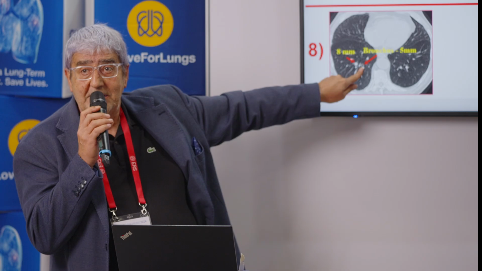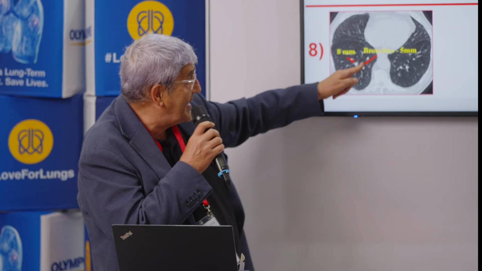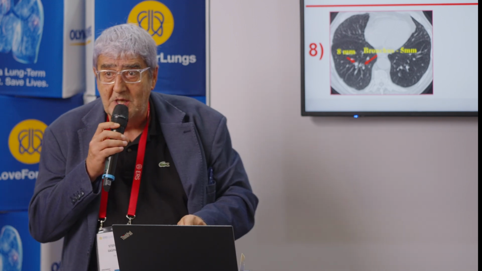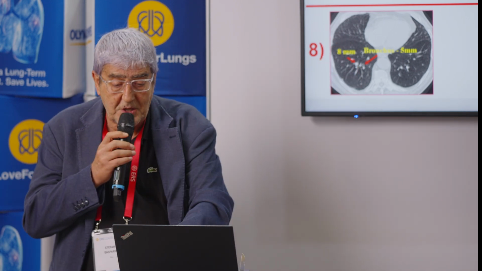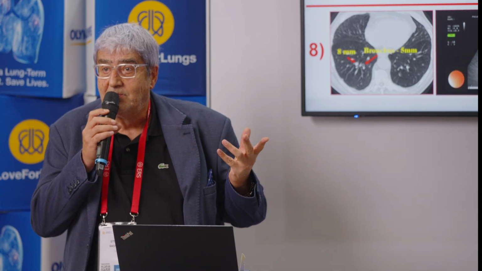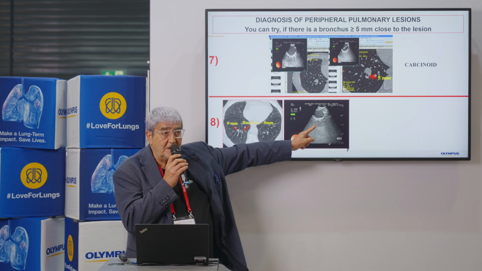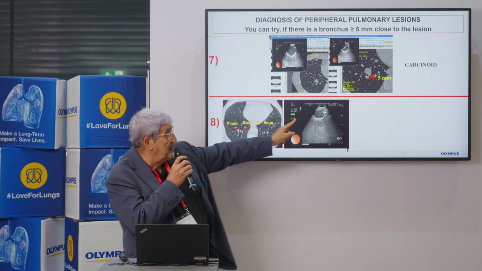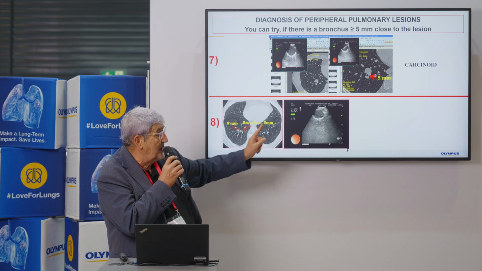There is a bronchus that is 5 millimeters, so I can wedge my echo-bronchoscope in this bronchus. I can bend a little bit my echo-bronchoscope, and what happens? This is the magic visualization of this 8 millimeter nodule in the periphery of the right lower lobe.